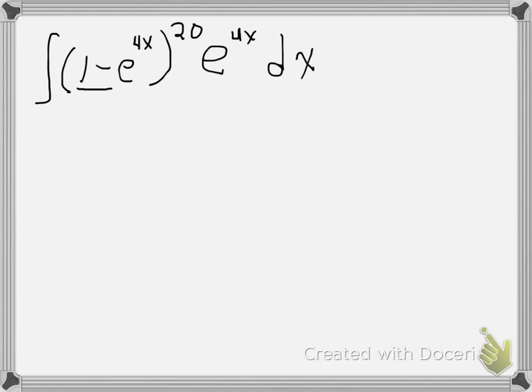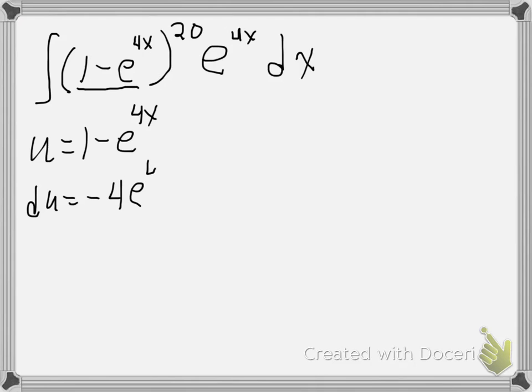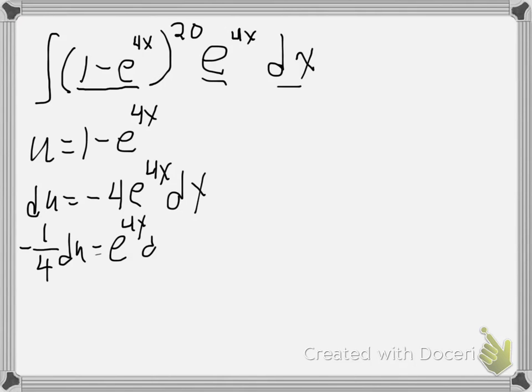I would love for this stuff in parentheses to be just a single variable. So I let u equal 1 minus e to the 4x, and then du is negative 4 e to the 4x dx. Well, I've got e to the 4x and dx right there. Move the negative 4 to the other side, and I get negative 1 over 4 du equals e to the 4x dx.